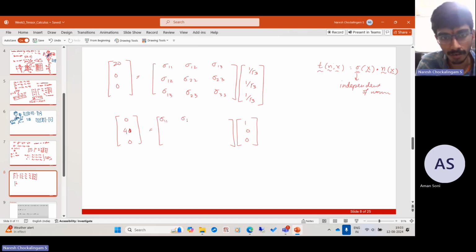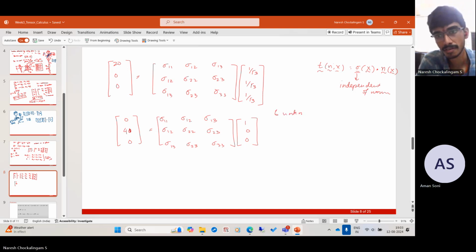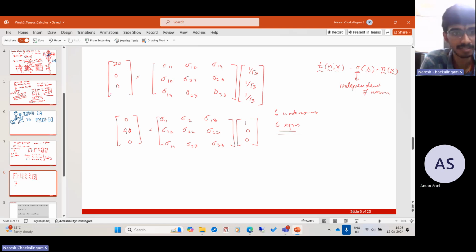Sigma 1 1 is the same sigma 1 1 in the same coordinate system. Now this can be solved. You have 6 unknowns and 6 equations. If the equations are consistent, meaning this represents a physically possible combination of tractions, this can always be solved.